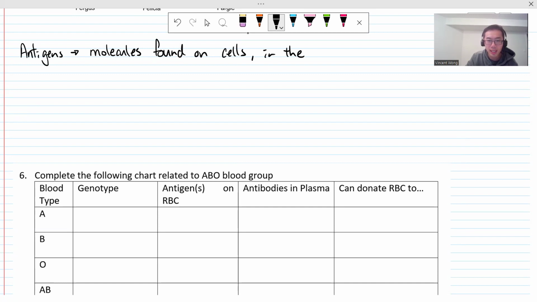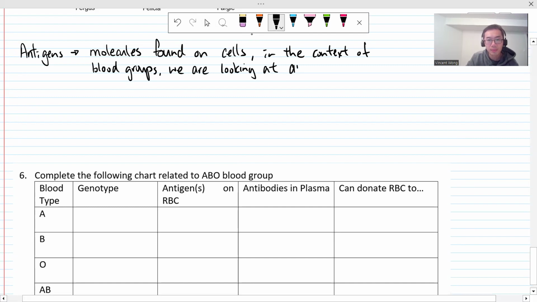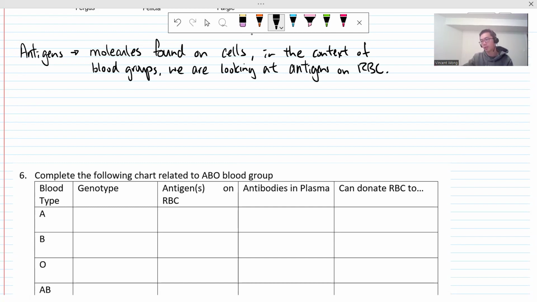In the context of blood groups, we are looking at antigens on RBC specifically.